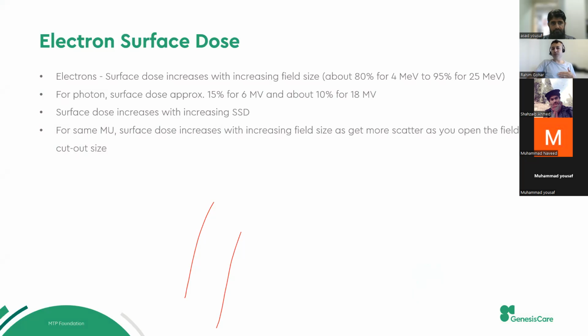So what is important here, usually here in Australia, at least they love to ask you this question about the different behaviors of photons and electrons in terms of the buildup, that is, why the surface dose increases as the energy is increasing for electrons, which is the other way around for photons. So you need to give them the explanation in terms of how electrons are scattering at wider angles and all the stuff, and there is a ratio of maximum dose to the surface. It's a mathematical explanation. You can go there.